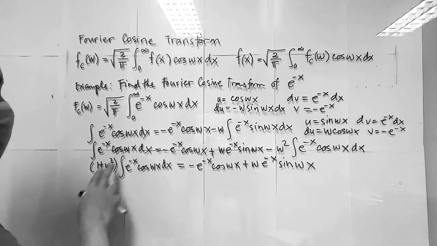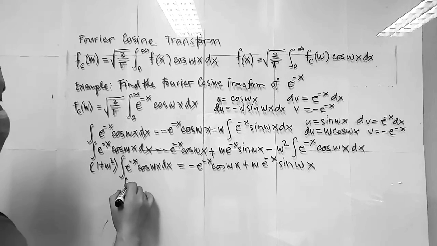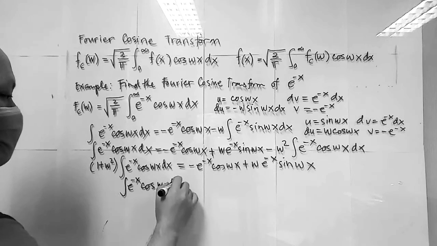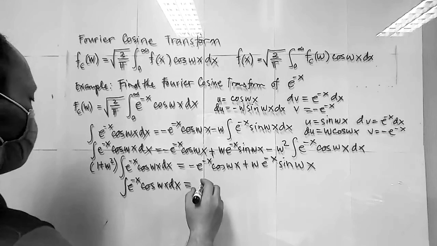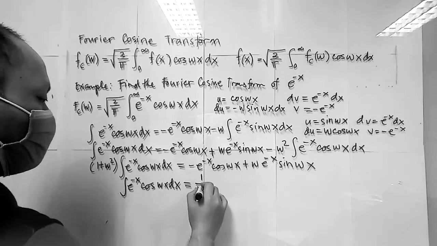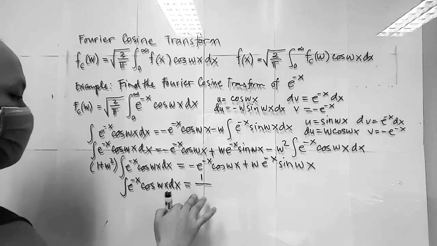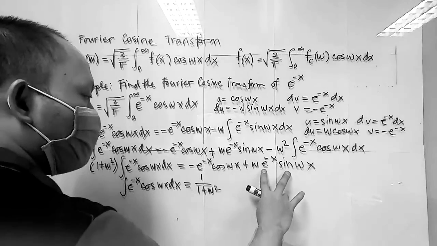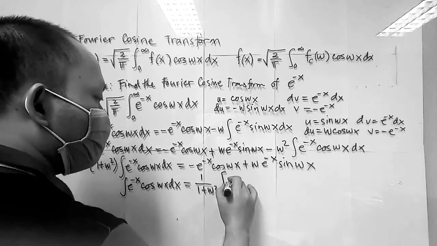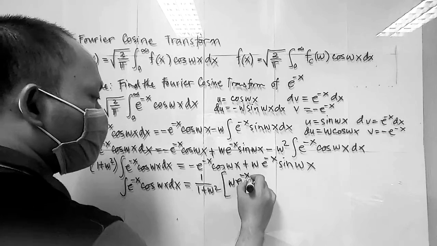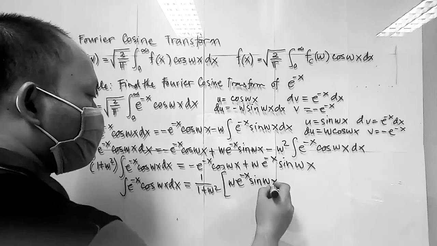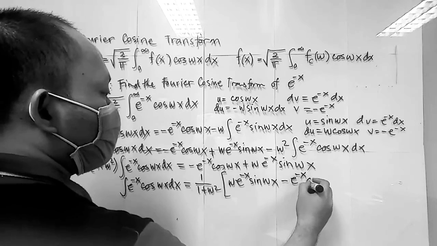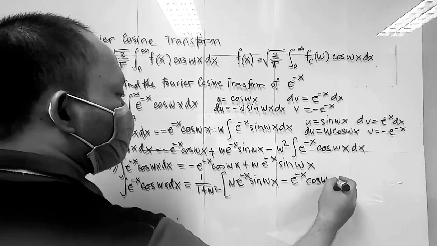By transferring this to the other side, the integral of e negative x cosine wx dx is equivalent to 1 over 1 plus w squared times w e negative x sine wx minus e negative x cosine wx.